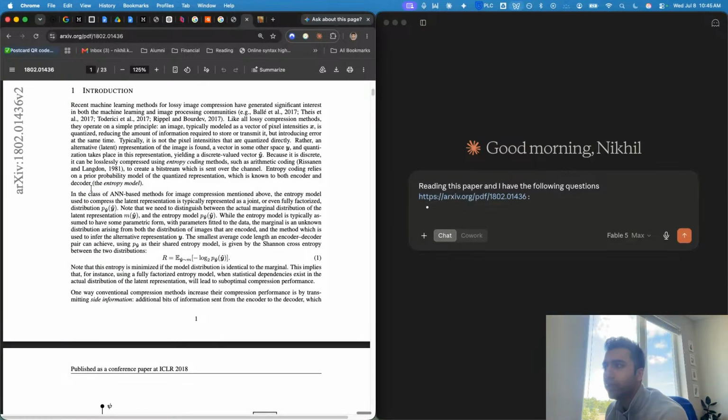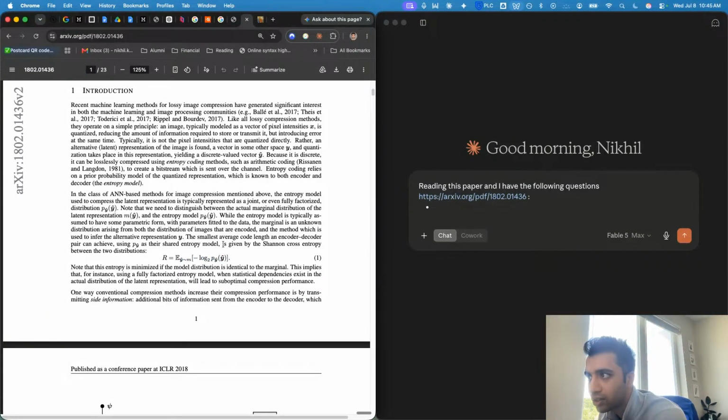Okay, wait. So what is M? M is the marginal distribution of the latent representation. Okay, y hat. Y hat is the quantized latent. Oh, okay. The expectation over the distribution of the quantized latent of this quantity.